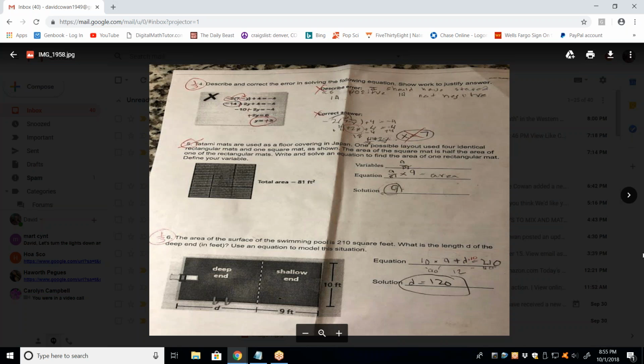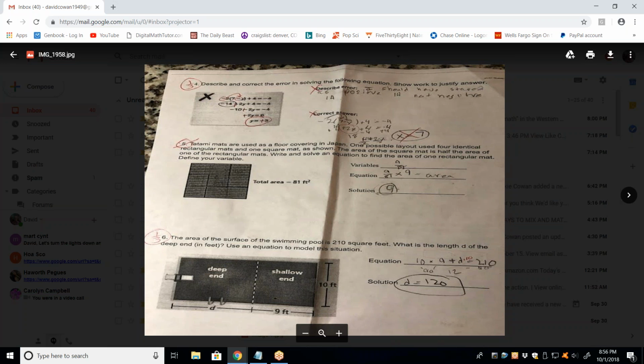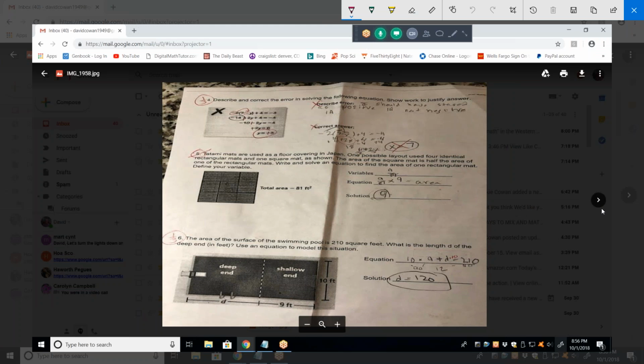One layout uses 4 identical rectangular mats and 1 square mat. Well, let's see how they do that. There's the square mat, right? Whoops, hold on. Let me write this. The square mat's probably going to be right there.